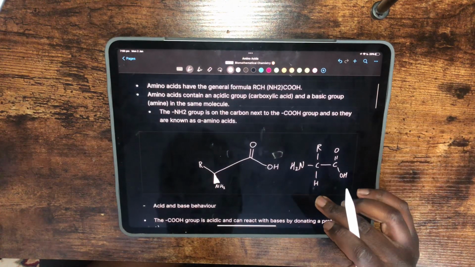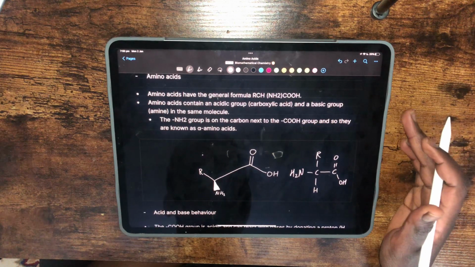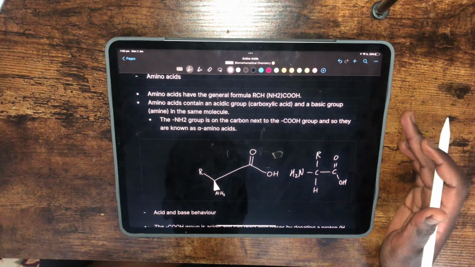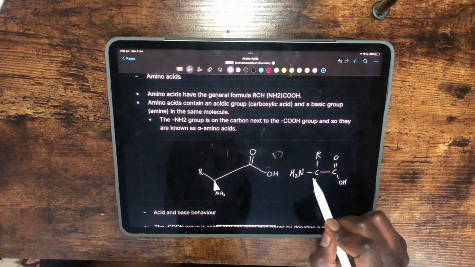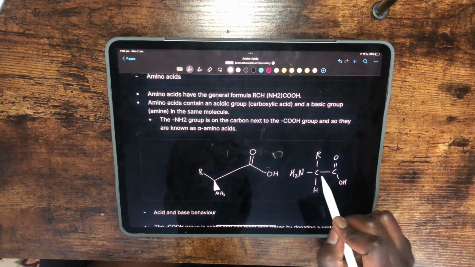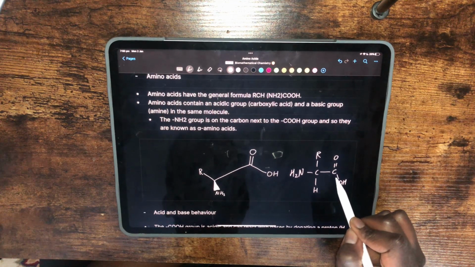Amino acids contain an acid group, which is the carboxylic acid, and a basic group, which is the amine, in the same molecule. The NH2 is on the carbon that's next to the carboxyl group, and so they are known as alpha amino acids.